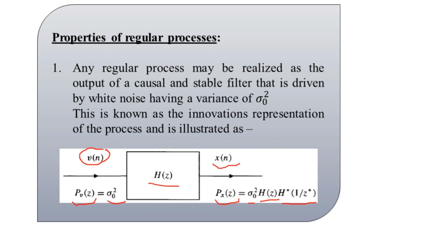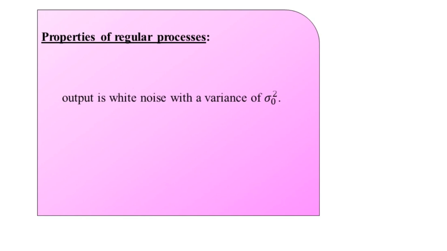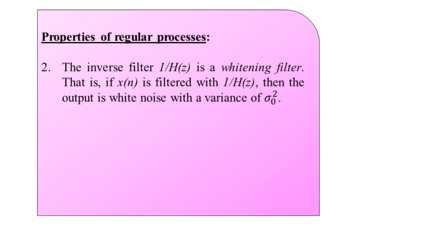Now moving to the second property, which concerns the inverse filter. Whatever we have seen in the first property, the input feeding and output receiving sequence is now reversed. The required filter function is the inverse of the previous one, so it is 1 upon H of z. It is called a whitening filter. So x of n is filtered with 1 upon H of z, and the output is white noise with variance sigma 0 square.